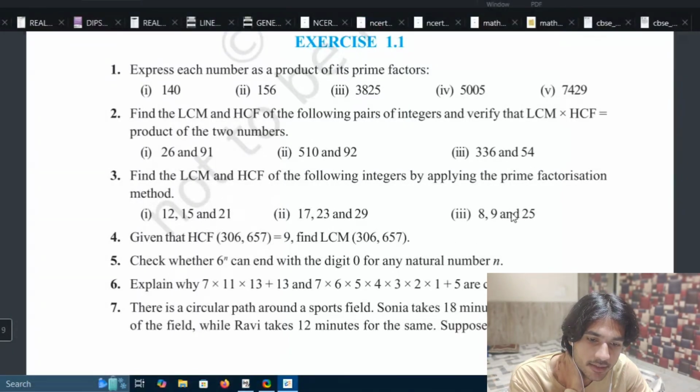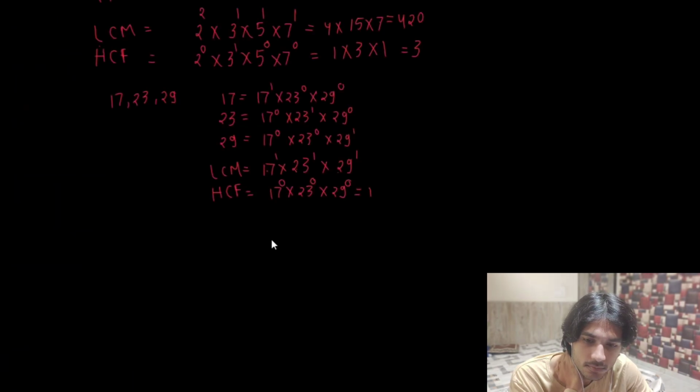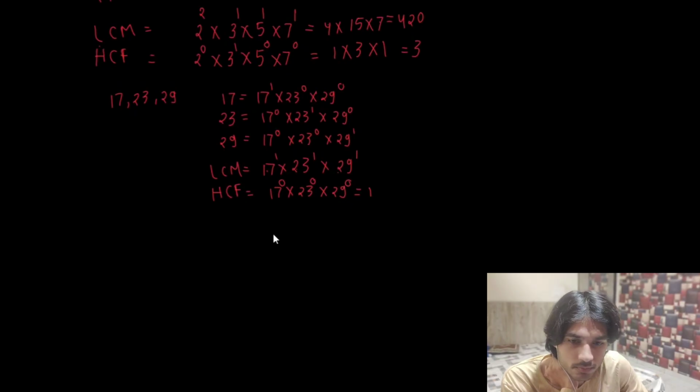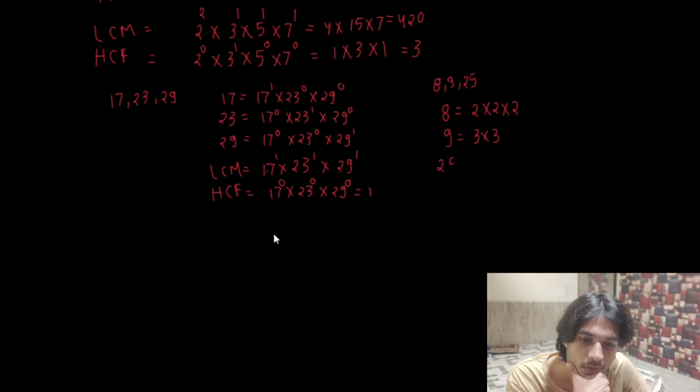Then we had 8, 9 and 25. So even though they are not prime numbers, there are no factors common to them. What I'm trying to say here is that 8 can be written as 2 multiplied by 2 multiplied by 2. 9 can be written as 3 multiplied by 3. And 25 can be written as 5 multiplied by 5.